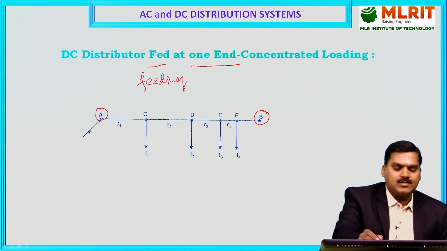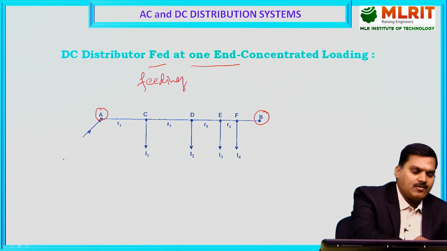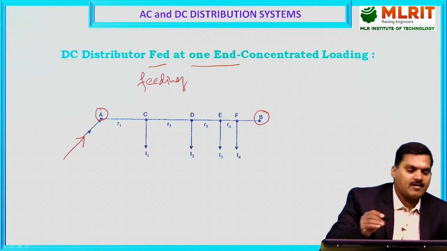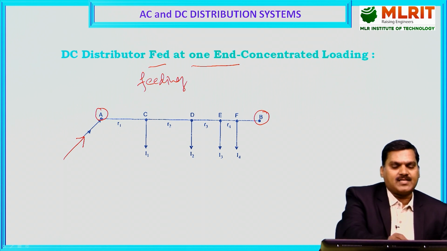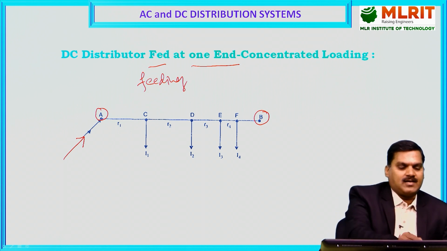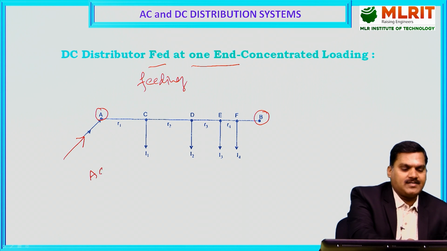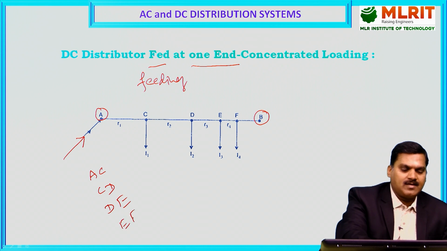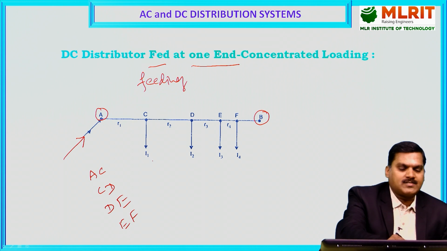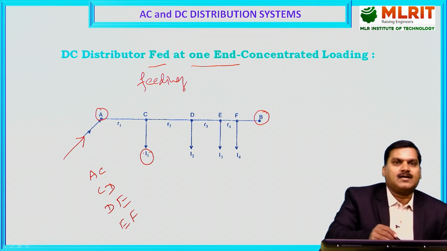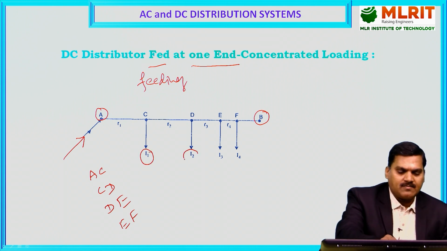To this distributor we are feeding the voltage at end A, and at different distances AC, CD and DE, at point C a load is connected with I1 current, and at point D a load is connected with I2 current, I3, I4.